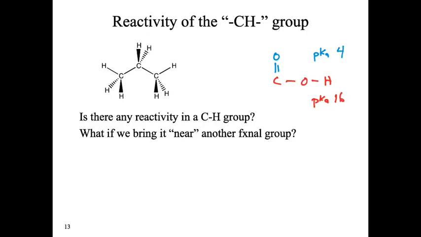It's only 12 different. That's 10 to the 12th difference. That's a huge difference in reactivity. So huge that we actually call it a new functional group. We have an alcohol in one case, and in the blue case we have a carboxylic acid. We're doing the exact same thing with our alkanes. We want to bring them near another functional group.